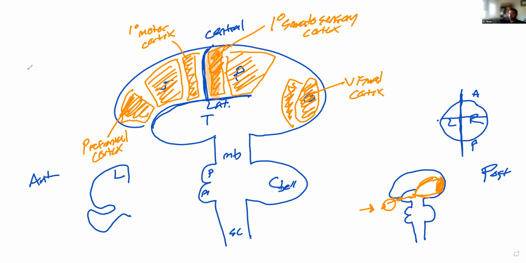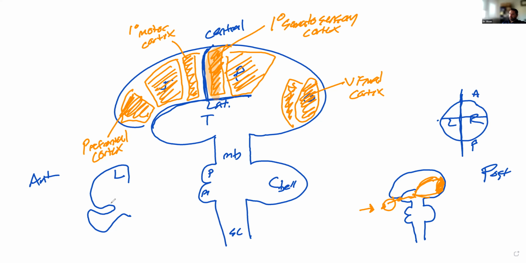Let's go with another color here. And this here is going to be the lateral sulcus, right? So if you look right here, we have that lateral sulcus dividing the parietal and the frontal lobe from the temporal lobe. So the lateral sulcus is here.